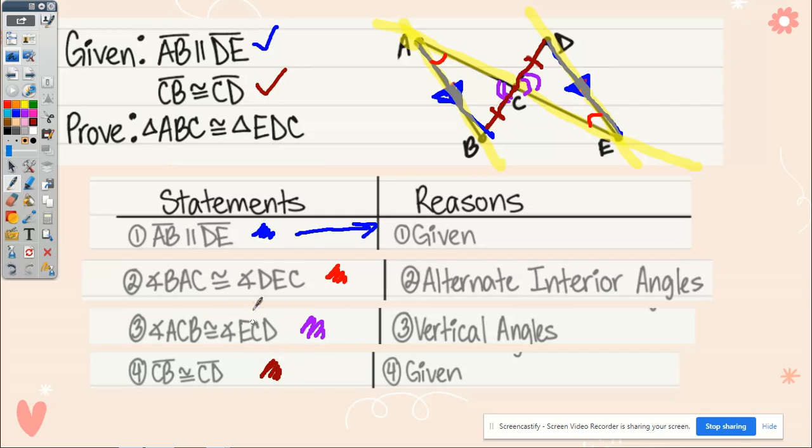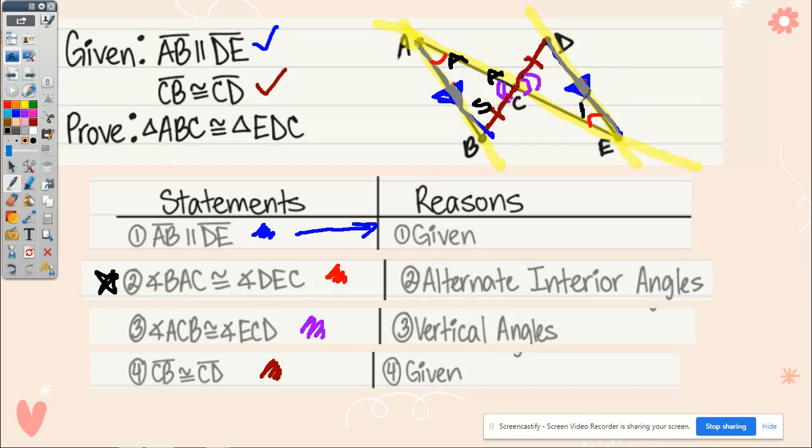And now you can see why, from the alternate interior angles step, I decided to go for AE as the transversal. The reason is that now you have an angle, side. And you can verify that what happened on this triangle also happened on the bottom one.